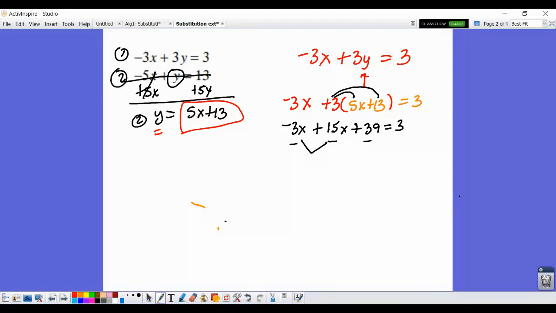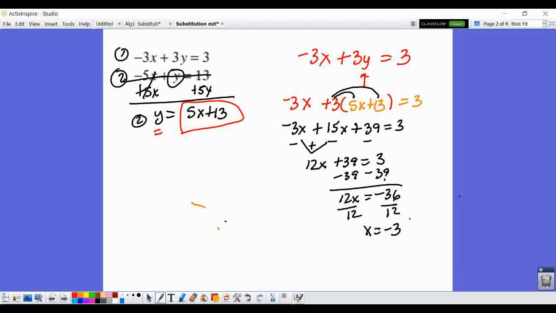So if I take a look at what I have here, I have negative 3 plus 15x. So negative 3 plus 15x is going to give me 12x plus 39 equals 3. Subtracting my 39, I have 12x equals a negative 36, and I'm dividing by 12. So x is equal to negative 3.